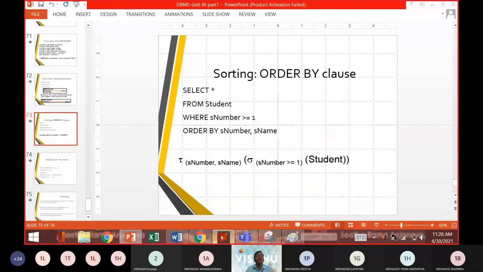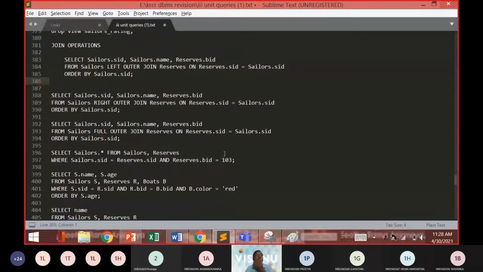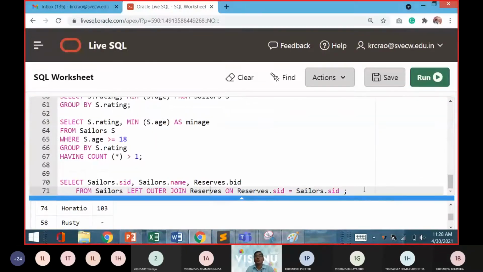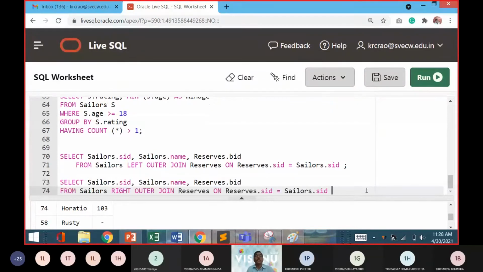So we can work with right outer join. Now, we made an operation for left outer join. Now check how it goes with the right outer join.